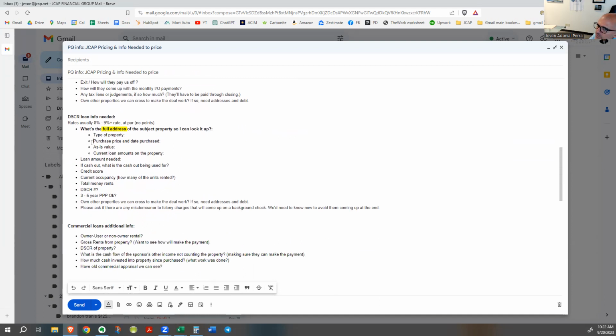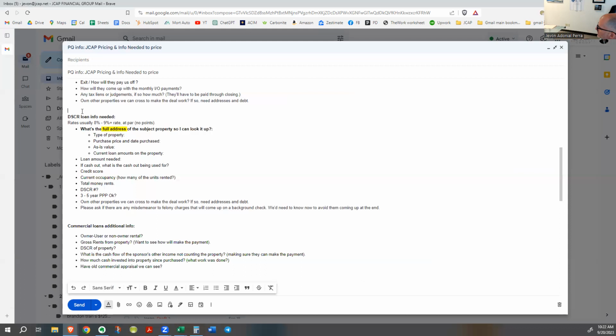So DSCR, I've never actually done one DSCR. What a DSCR is it's debt service credit ratio. I don't know what the stands for, but it's basically the income from the property, the rental income is enough to cover all the expenses of the property. Cash flow, does it cash flow is another way to put it.